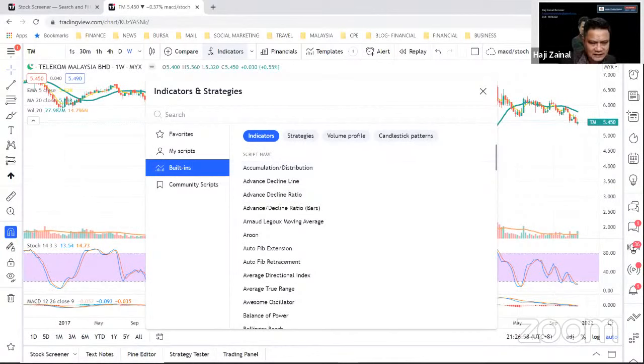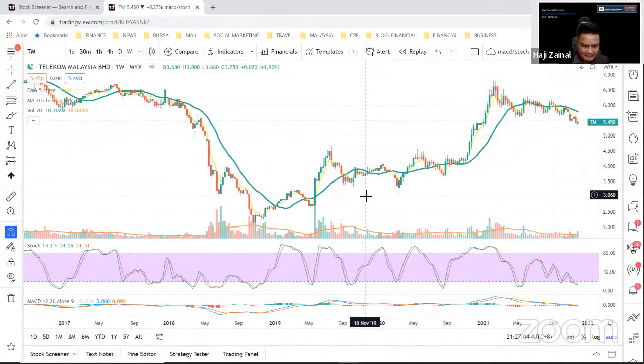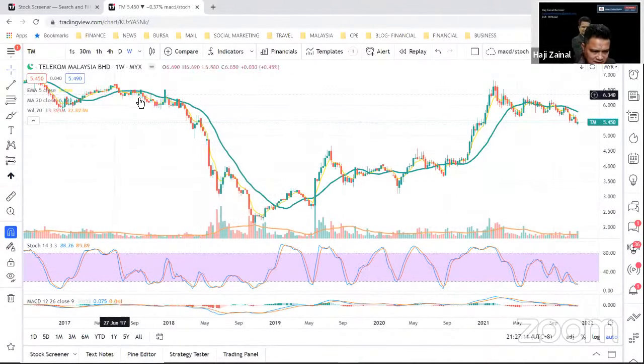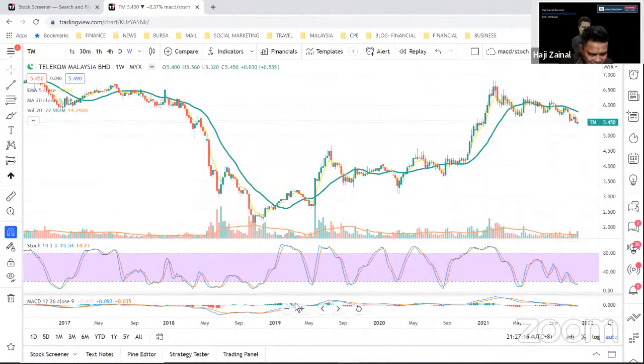For example, if you look at the chart here, this is my template. When I trade, I use this. One is the moving average. For me, it's easier to see, even though it is the same as the MACD.